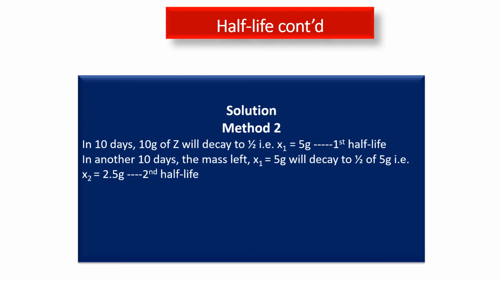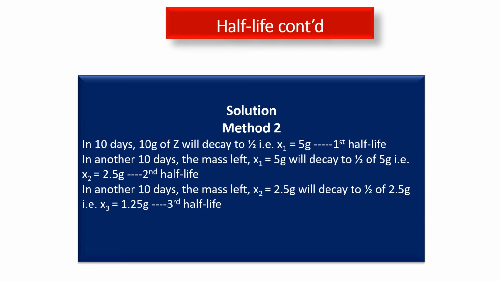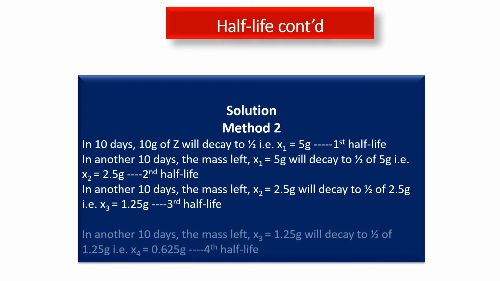That is the second decay, which we can refer to as the second half-life. In another 10 days, making 30 days now, the mass that is left, which is 2.5 grams, will also decay to its half. So half of 2.5 is 1.25, and this is the third decay, which we can refer to as the third half-life.